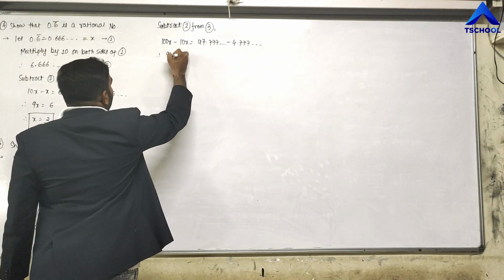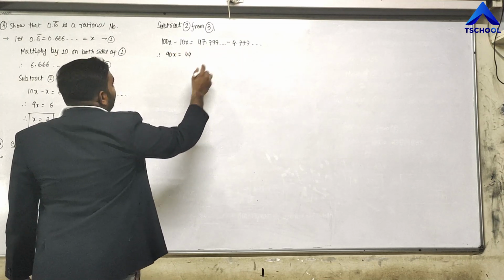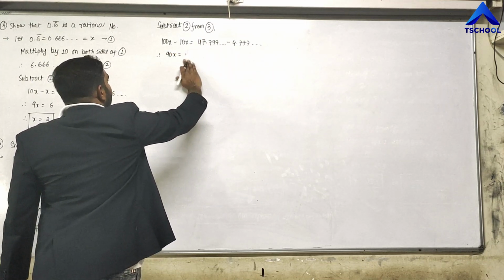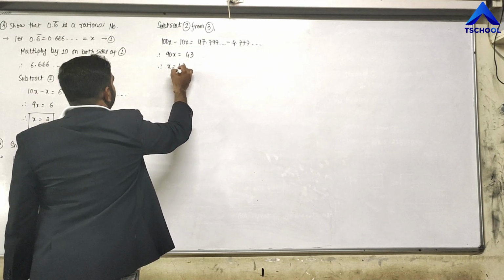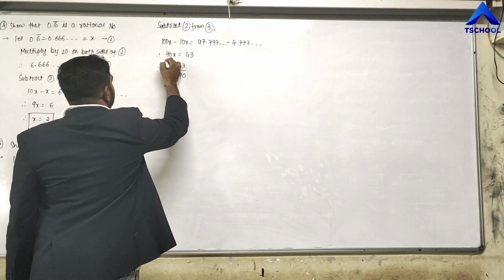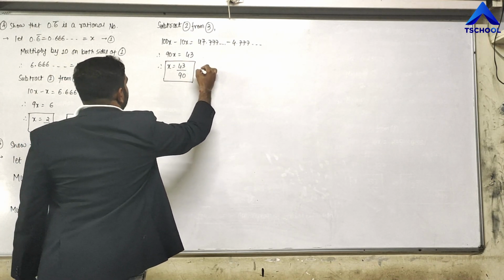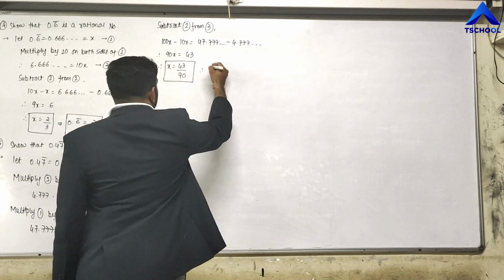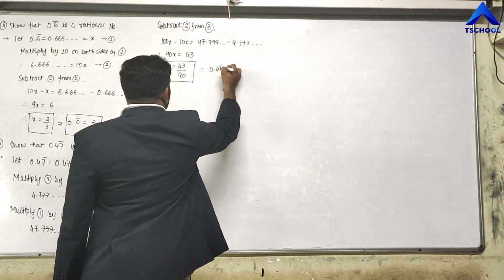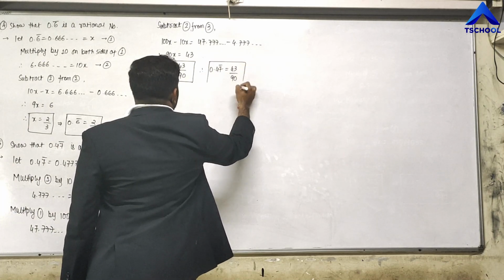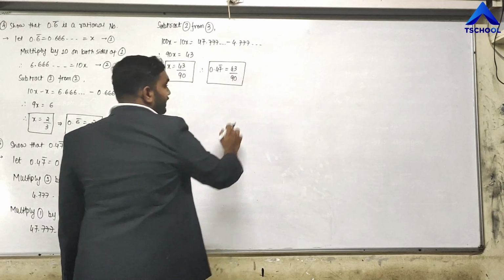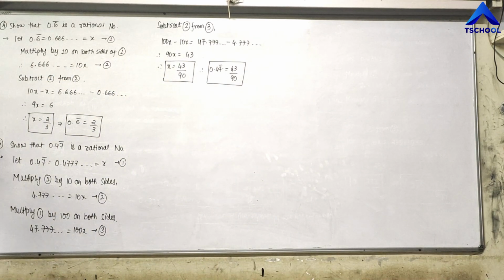That will become 90x equals 47 minus 4, that is 43, and hence x equals 43 upon 90. Therefore 0.47 bar is 43 upon 90, that is the answer. Is it clear?